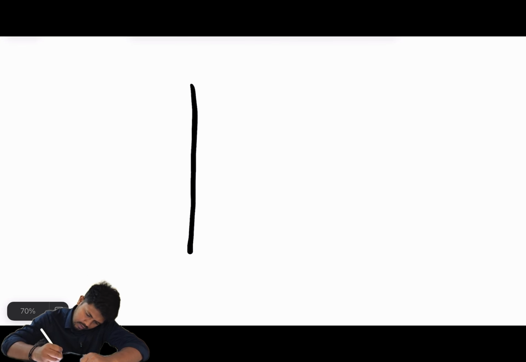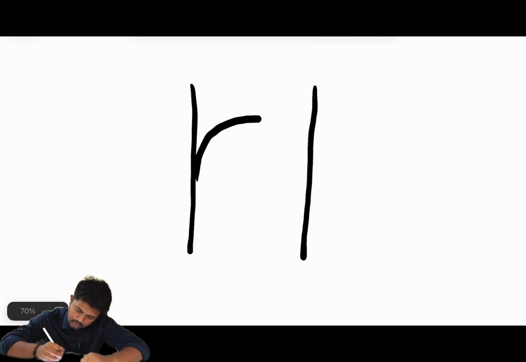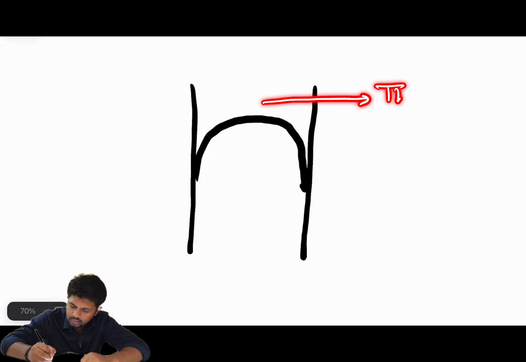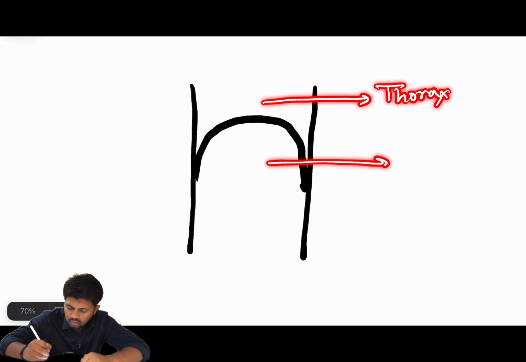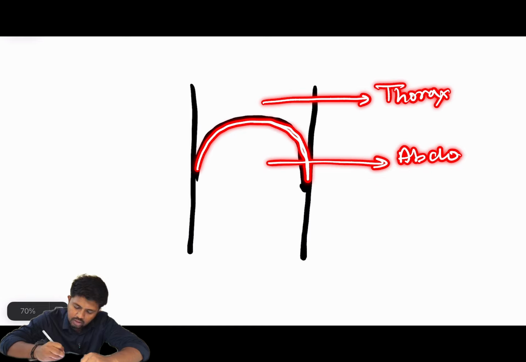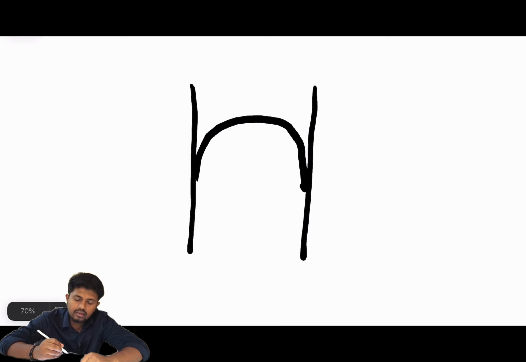If this is the trunk of the body and the dome is present here, the part above will be the thorax and the part below will be the abdomen.